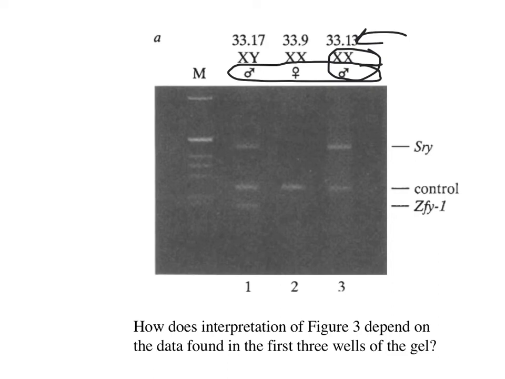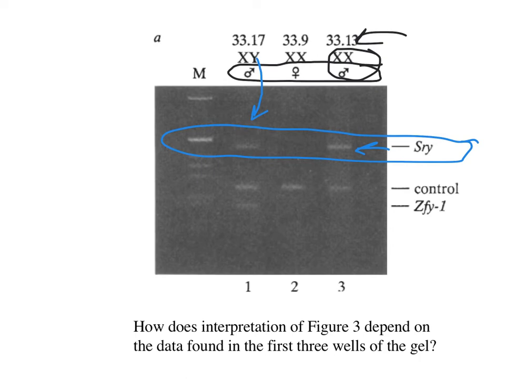Which mice have SRY? Yeah, we're looking at that band size. So that mouse, 33.17, has the gene SRY. But that's a wild type mouse, so it has a Y chromosome, so that's the SRY that's on his Y chromosome.